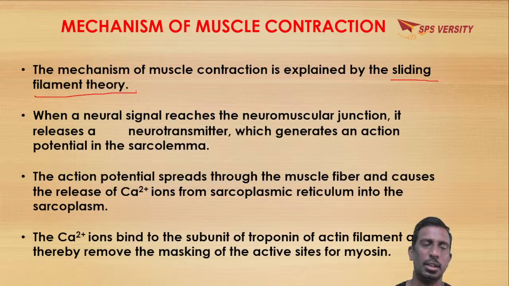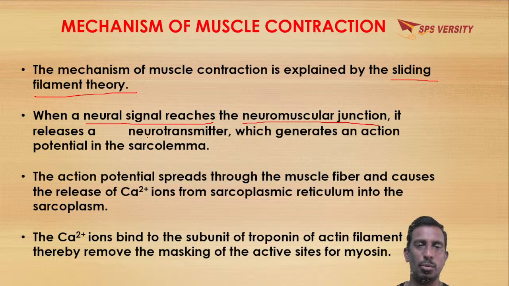When a neural signal reaches the neuromuscular junction, that means when it gets a signal from the nervous system to the junction where neurons innervate muscles, it releases a neurotransmitter. Due to release of the neurotransmitter, it generates an action potential in the sarcolemma.